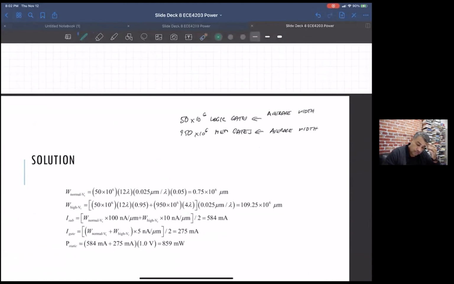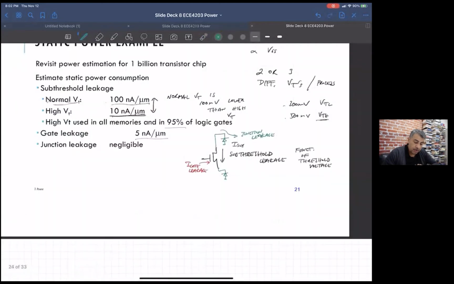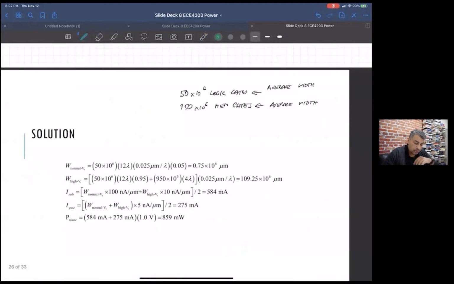Okay, so having said all that stuff, it said that 95% of the gates use high VT. So this is calculating the width of the normal VT, it's only 5%. So that's where this 0.05 is coming from. So this is the total width of all normal VT, and that's using this 0.05.